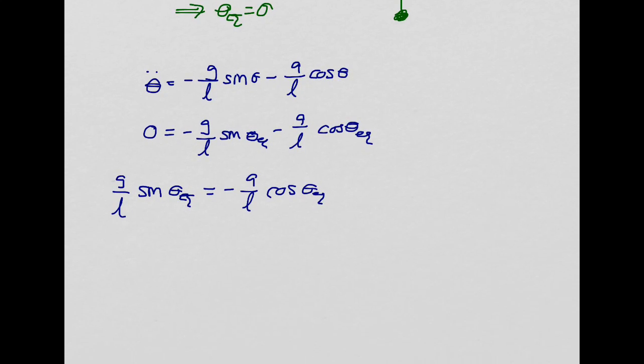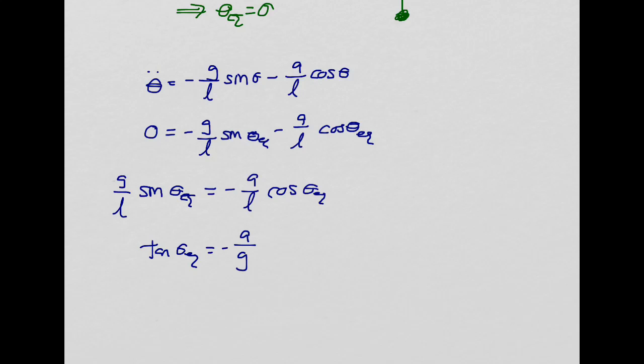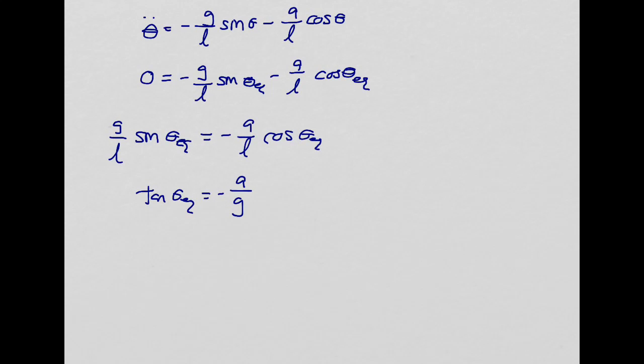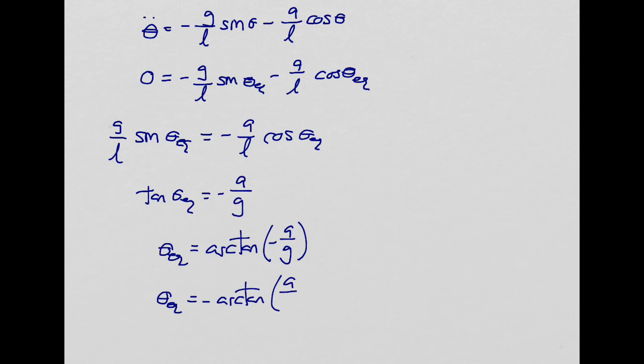Divide through, and we'll get tangent theta equilibrium. Multiply both sides by L over g, and then we'll get tangent theta equilibrium is equal to negative a over g. And so solving for theta equilibrium gives us the arc tangent of negative a over g. And then because tangent is an odd function, we can just pull our negative sign out: theta equilibrium is equal to negative arc tangent of a over g.